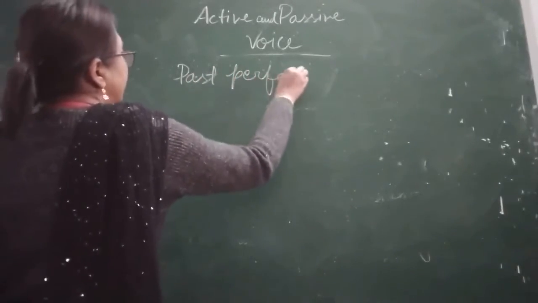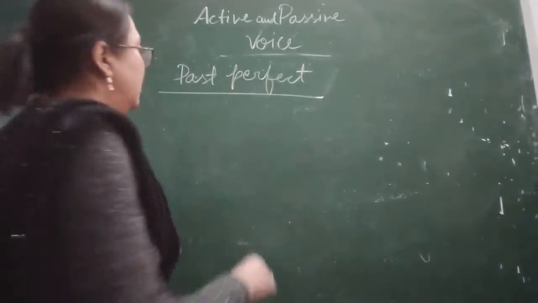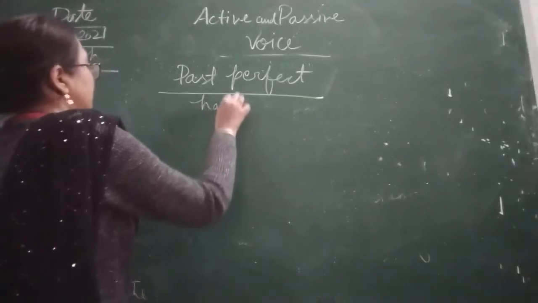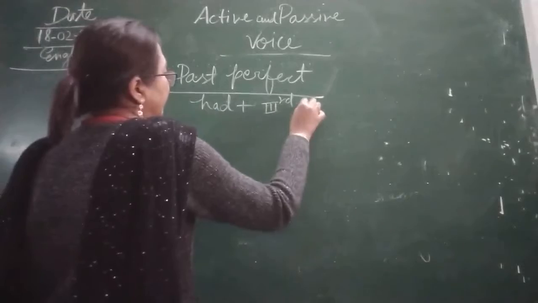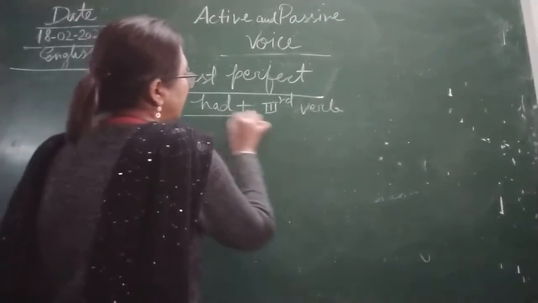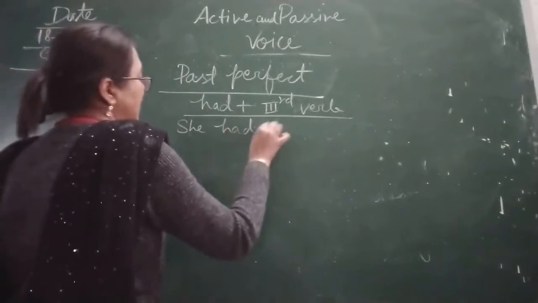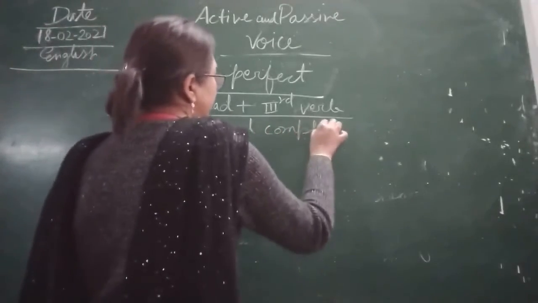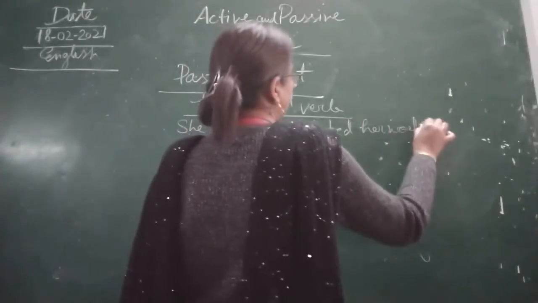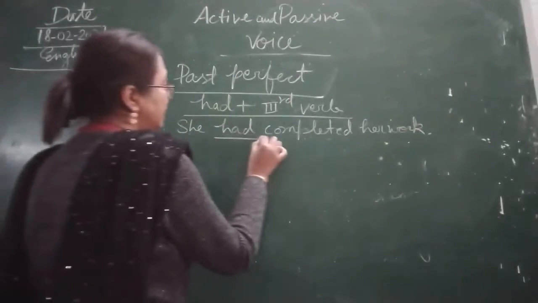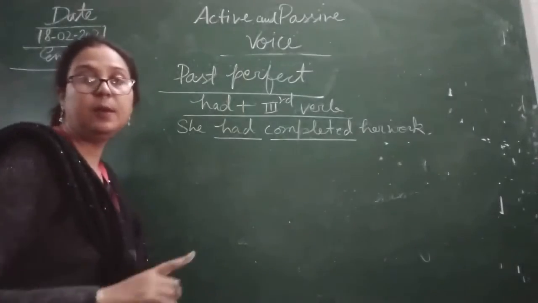First I will write the sentence in past perfect tense. Here we have to use had plus the third form of the verb. If I give you one example: she had completed her work. Now here you can see had is used and completed, the third form of the verb, is used. So this is called past perfect.